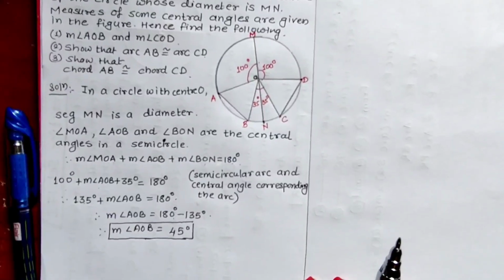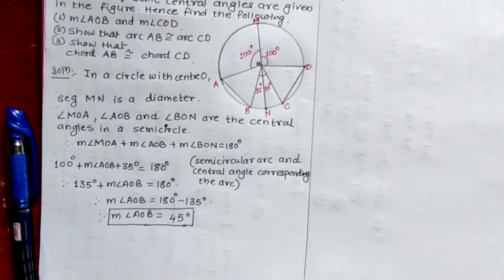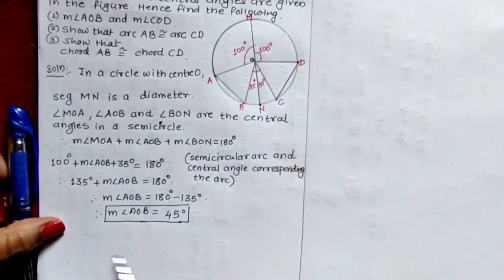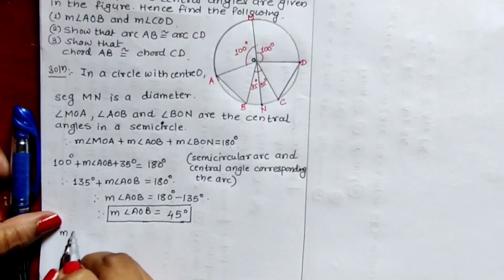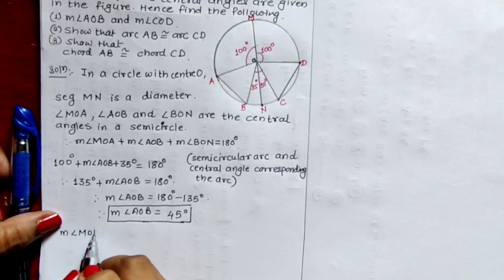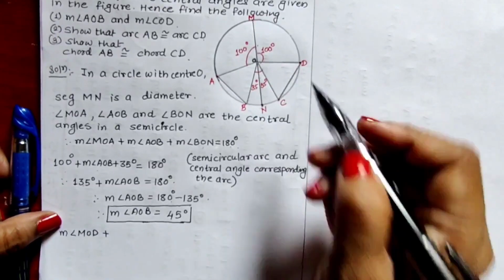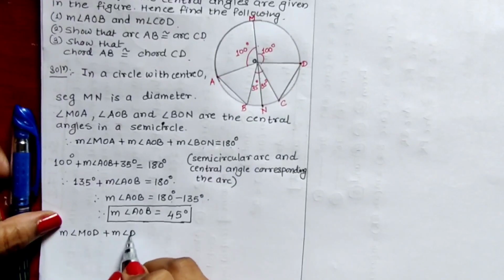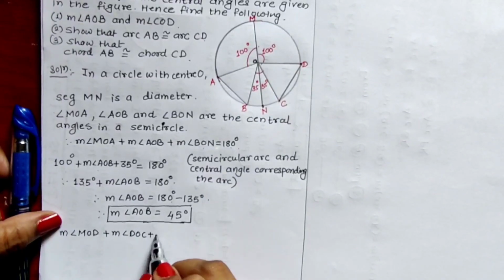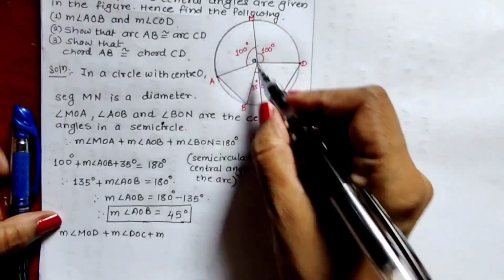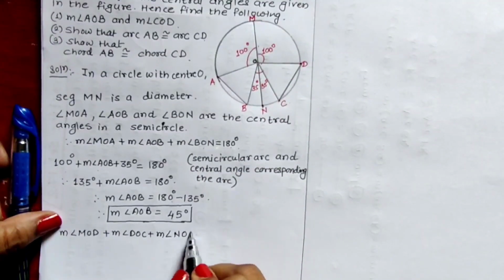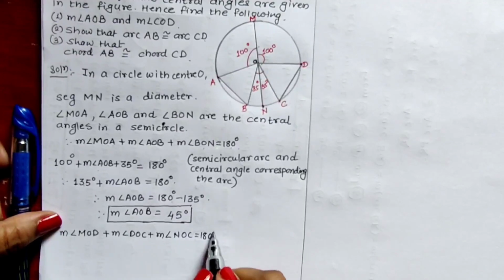So let us apply the same method. Here we can write major angle MOD plus major angle DOC plus major angle CON or NOC, we can write anything. NOC will be equal to 180 degree.